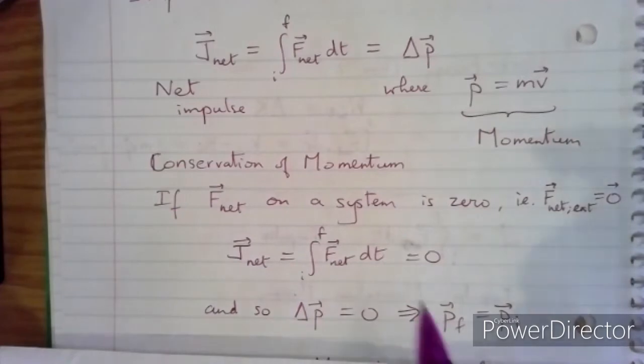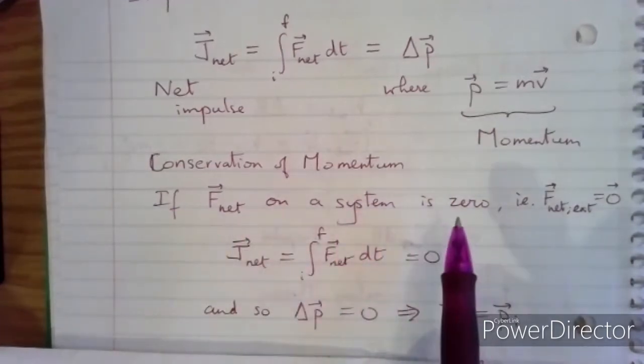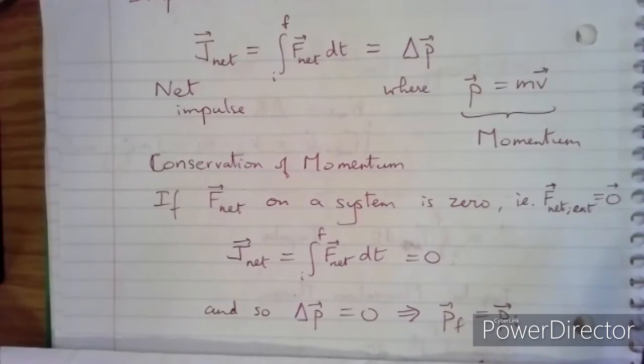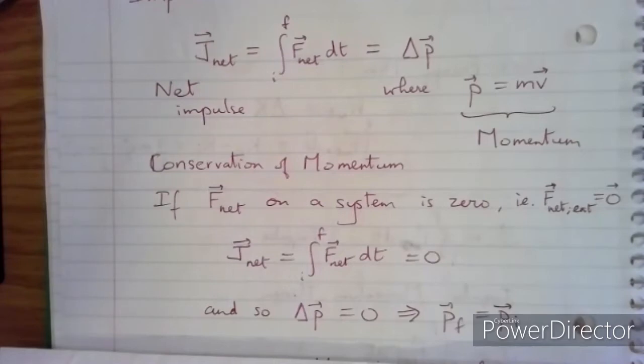One quick note here. Why do I say that net force on a system being zero is the same as saying net external force being zero? Well, there can be internal forces, but we know from Newton's third law that if there's a force of A on B, then there will be a force of B on A. And so internal forces, because they occur in action-reaction pairs, will cancel out, at least as far as the total force on the system is concerned.